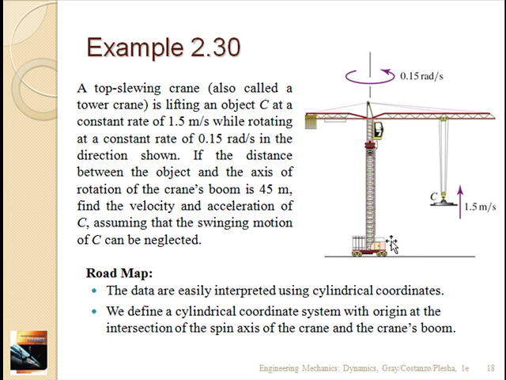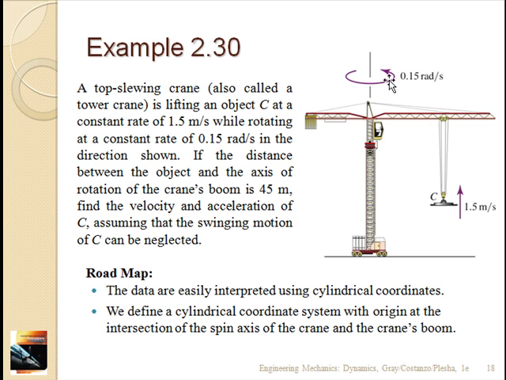All right, the last example is a crane. It's a so-called top slewing crane. So there's this vertical tower. It can rotate, right? So it's got this boom hanging out some distance from the center of the rotation axis. There's something hanging, okay? So this thing can rotate about this tower.